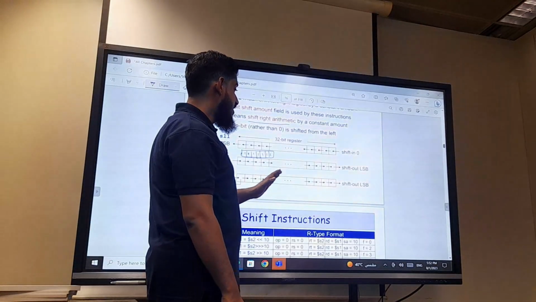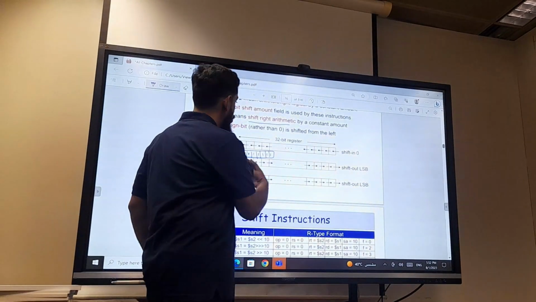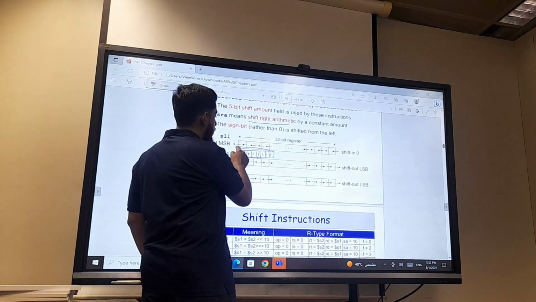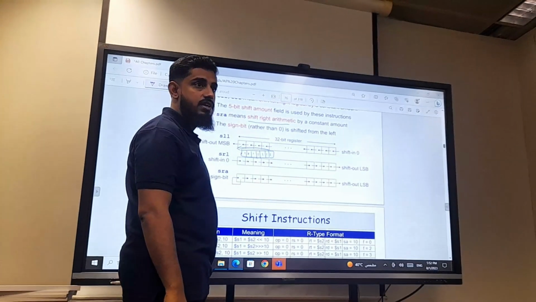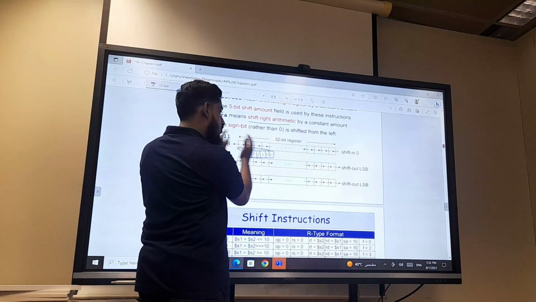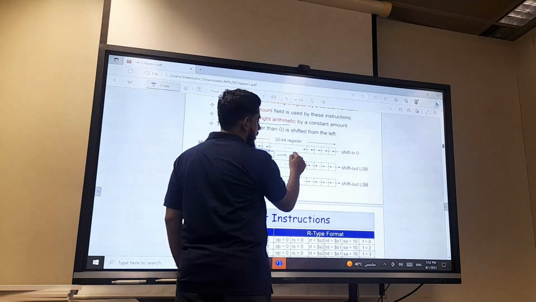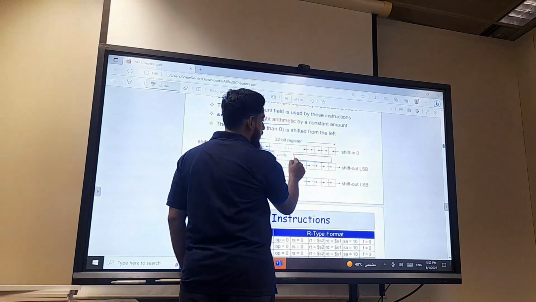Logical left shift means we are going to shift our register to the left side. All values will be shifted this way, so this place will be empty because we are shifting the values this way. What would my result be if it is shifted by one place?